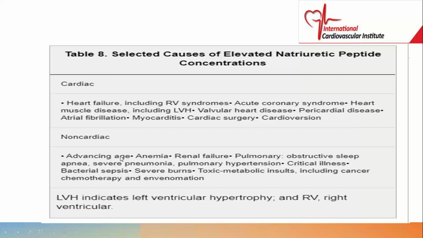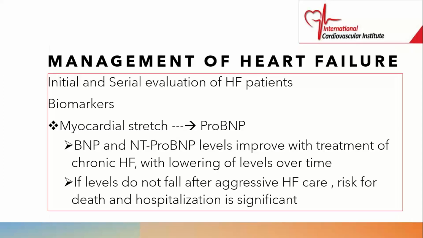The patient is very sick for whatever reason: bacterial sepsis, severe burns, toxic metabolic insults, including cancer chemotherapy. So there's a lot of things that can give elevated BNP, so that shouldn't be the first thing you do. The first thing you should do is a thorough history and physical examination.